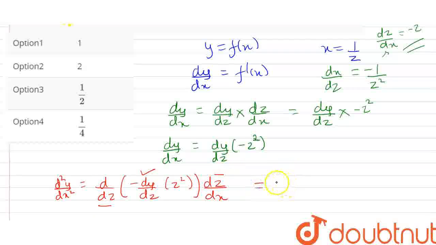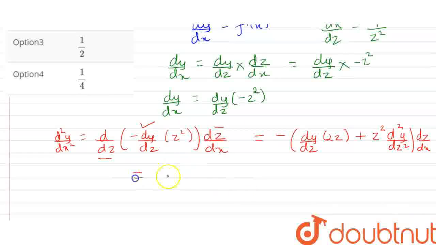So this is equal to, this minus sign comes out, d by dz of this z square is 2z and dy by dz as it is, plus dy by dz, that plus z square as it is into differentiation of dy by dz with respect to z, which is d2y upon dz square, into dz by dx as it is.